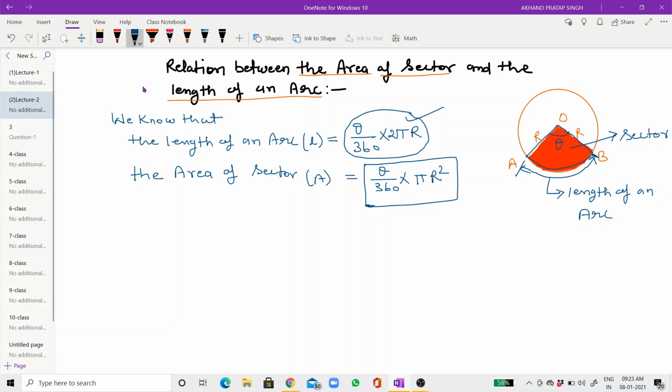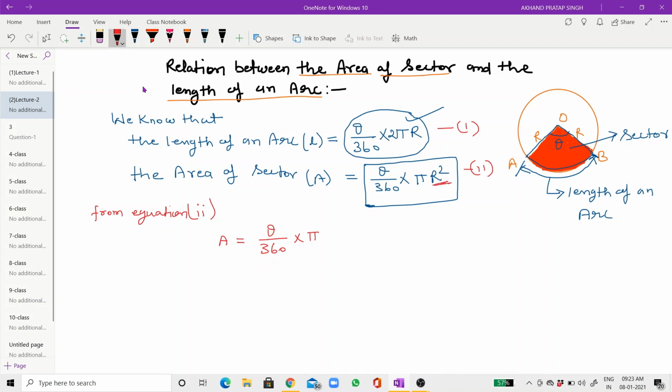Now this is equation first and this is equation second. So we take equation second. From equation second, area is equal to theta upon 360 into pi r square.